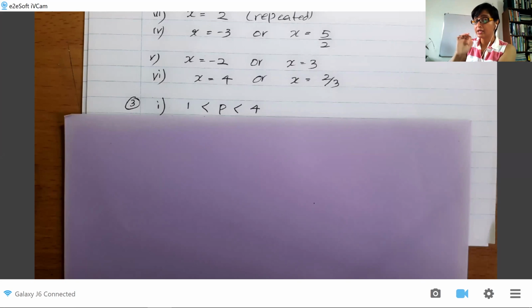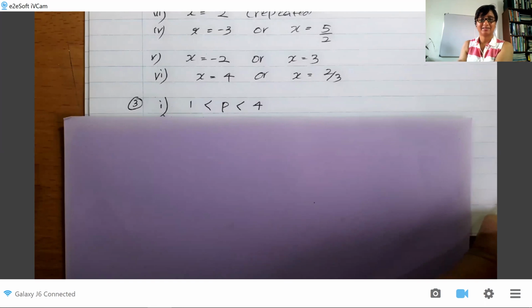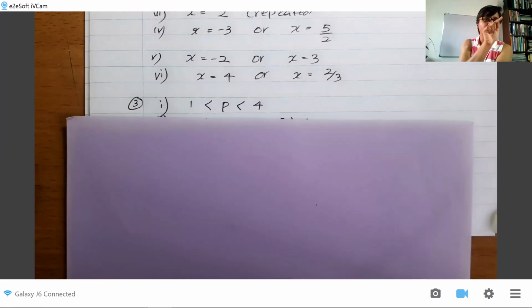P cannot be equal to 1 and 4, but between 1 and 4. Greater than 1, less than 4. Okay. This is an inequality. This is a single range. That's why you can put it together as a double inequality. This too we discussed last time. This is a single range from 1 to 4 on the number line, on your x-axis number line.